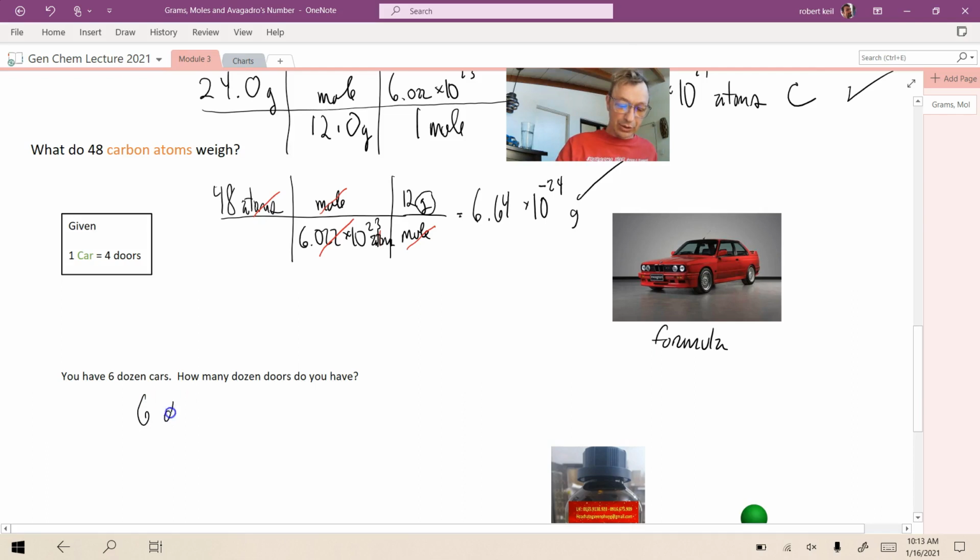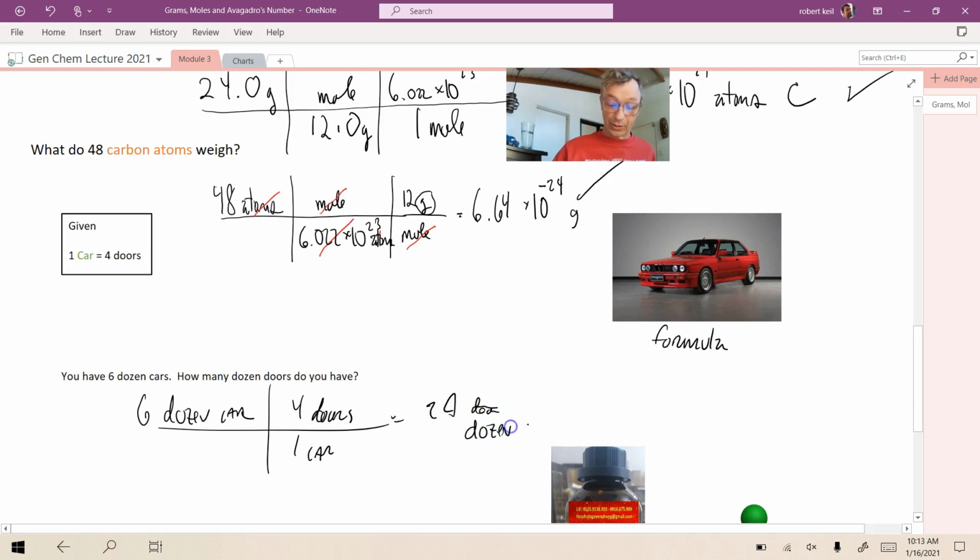So you could say 6 dozen cars, and obviously one car is 4 doors. That's kind of dumb and kind of silly. So you actually have 24 dozen doors. Okay, that's kind of dumb, and I get it. But we'll use that analogy in just a second.